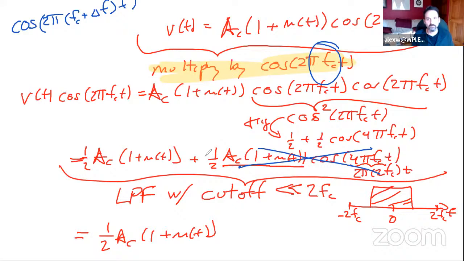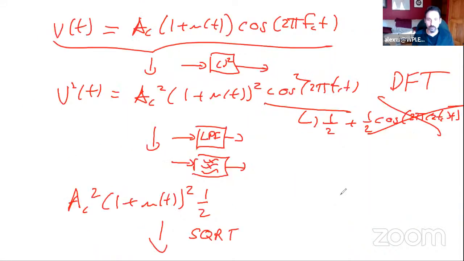You're going to get a bit of a mess, and it's not going to be very nice in terms of extracting out m of t. It's going to be a lot more complicated. But if you use the product detector approach, all you have to worry about at the end is square rooting everything. So this is called a product detector.